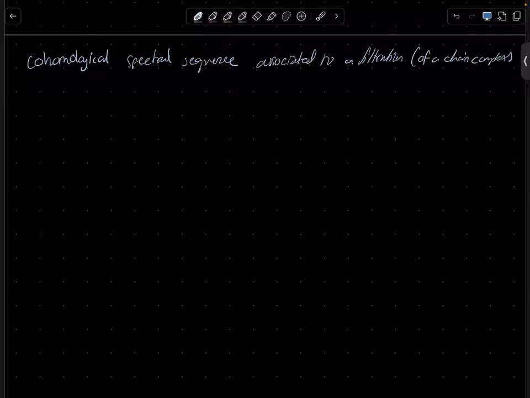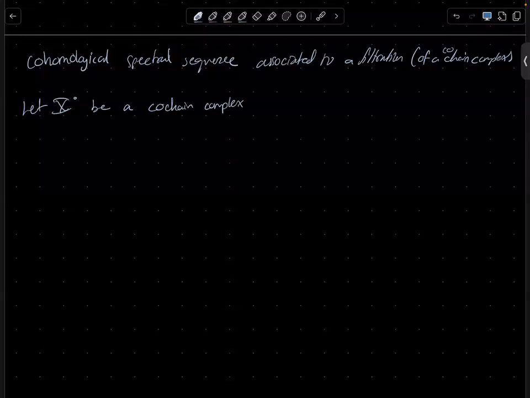Okay, so the theorem is, so let X bullet be a cochain complex with a decreasing, and I'm going to use a word here that I might not have defined yet, bounded, I'll just clarify this in a moment, decreasing bounded filtration. It looks like this.